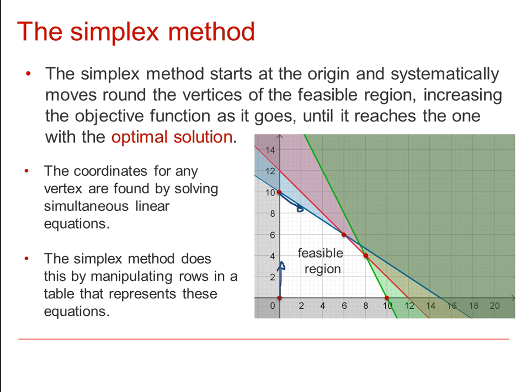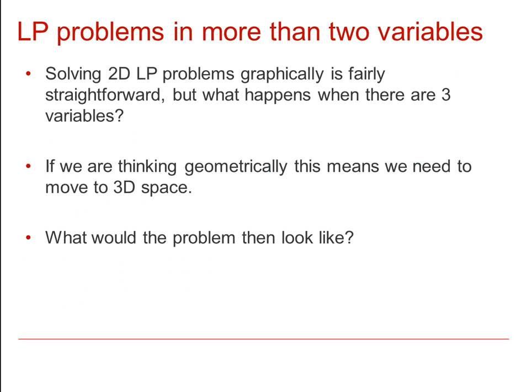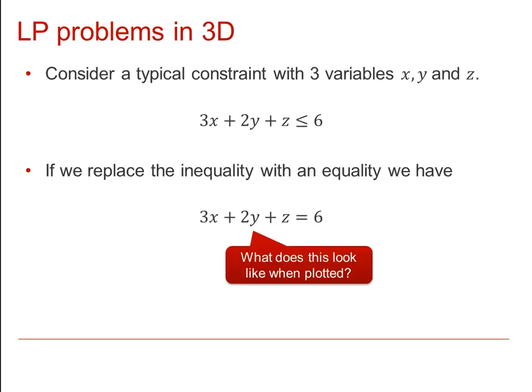In two dimensions it's quite straightforward, of course, graphically, but consider what would happen if we had three variables and therefore a three-dimensional space, and what our problem would now look like. Well, here's an example where we've got a constraint 3x plus 2y plus z is less than or equal to 6.